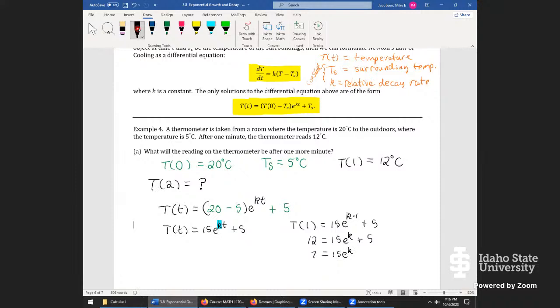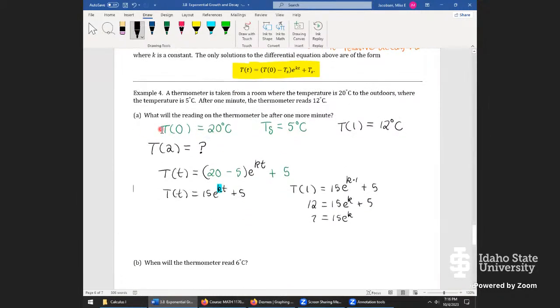Divide by 15 on both sides, and now we have 7/15 equals e to the power of k. And our big trick at this step, just take the natural log of both sides. The moment you do that, you get natural log 7/15. Natural log of e to the power of k just gives you k back, canceling off the base e exponential.